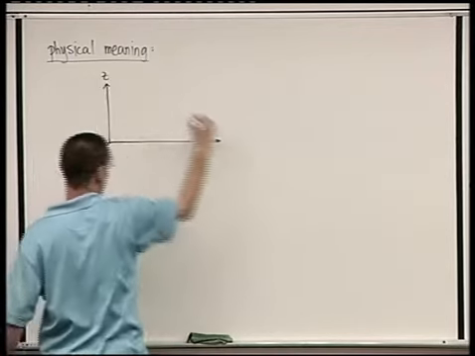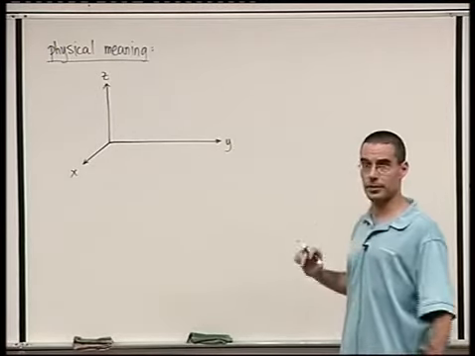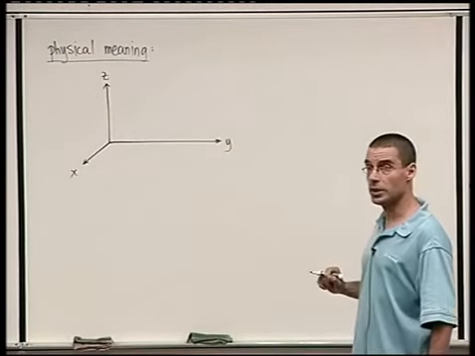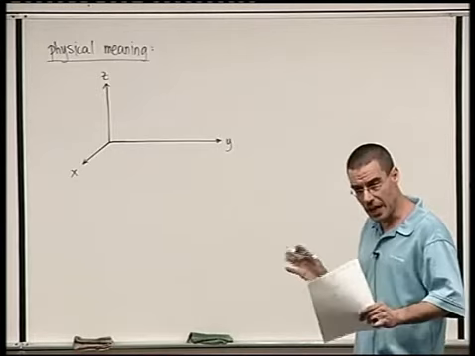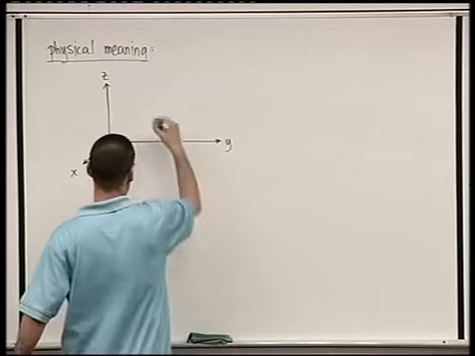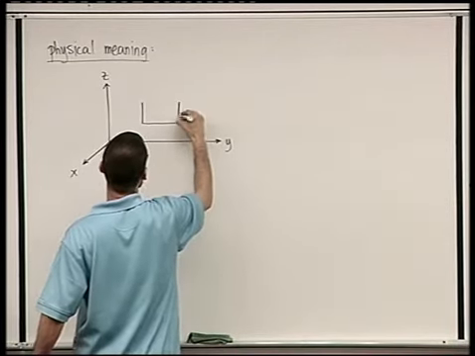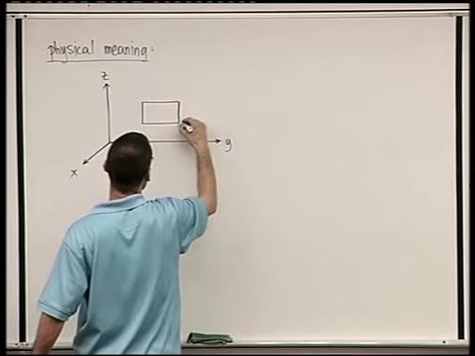X, Y, and Z. And suppose we have a little box sitting in the XYZ coordinate system, and all its sides are parallel to the axes. So we have a little box that looks like this. Here's a little box.